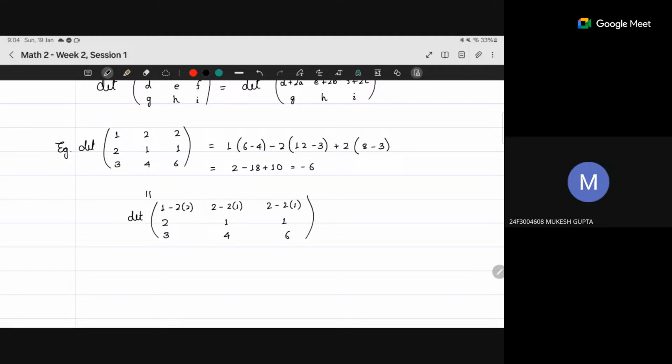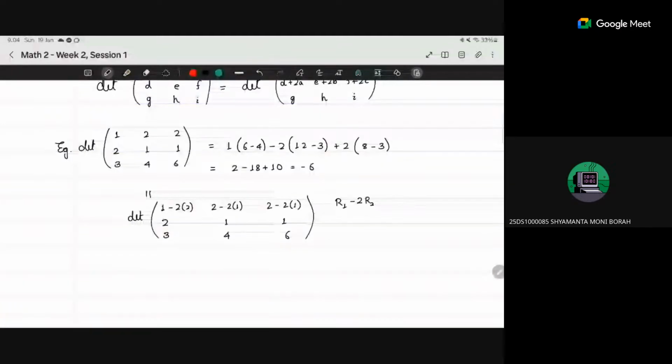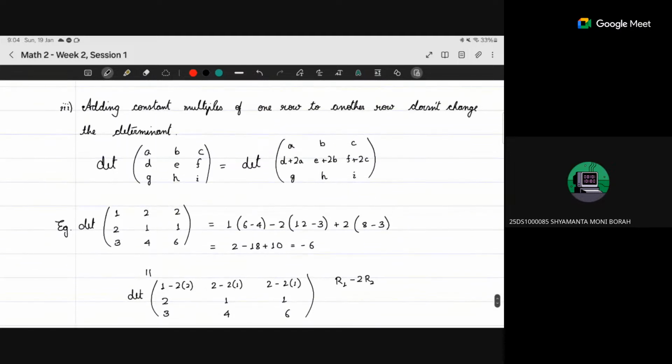So the second and third rows are unchanged. To the first row, which I can call R1, I have added minus 2 times the second row. We can subtract as well as add, right? Yes, adding a constant multiple means the constant multiple could be negative also. So it is not necessarily positive multiples.